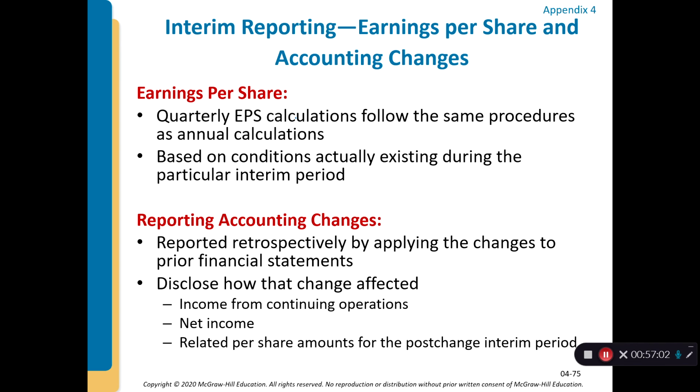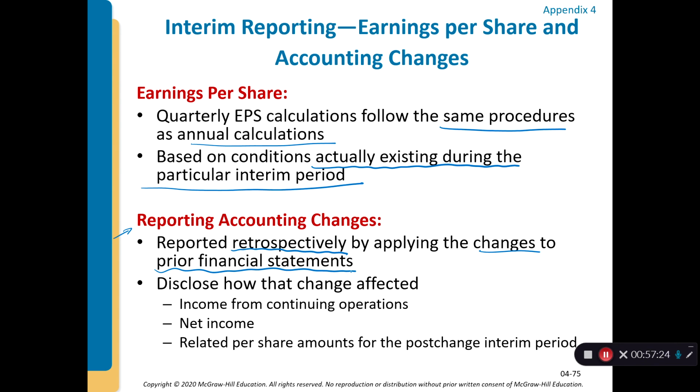Quarterly earnings per share calculation follows the same procedure as the annual calculation, based on the conditions actually existing during the particular interim period. And when you report accounting changes, the reporting should still be retrospective, applying changes to the prior financial statements. It's similar to the annual report.